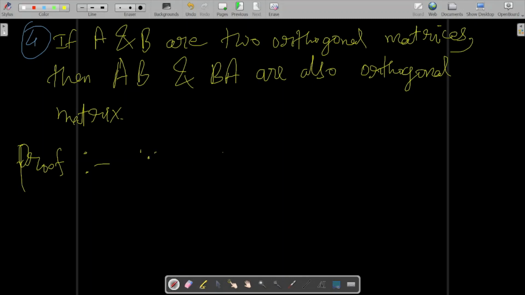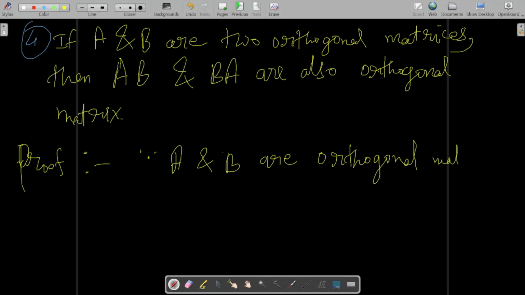So since A and B are orthogonal matrices, therefore A transpose A is equal to I is equal to A A transpose.